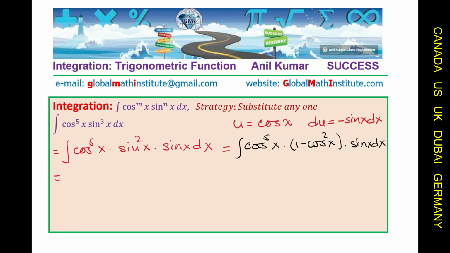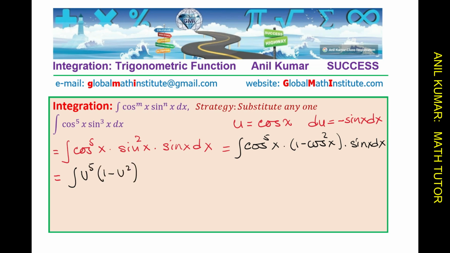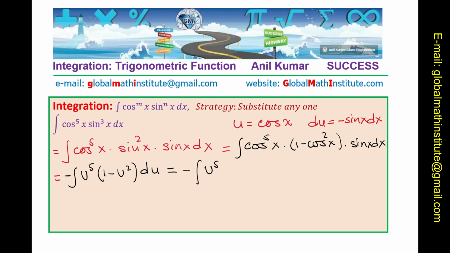So, if both are odd, take any one of them outside. That's okay. Now we'll substitute u for cos x and we get the integral of u to the power of 5 times 1 minus u square, and sine x dx is minus du, right? So I'm writing minus here and du. Open the bracket, we get u to the power of 5 minus u to the power of 7, right?